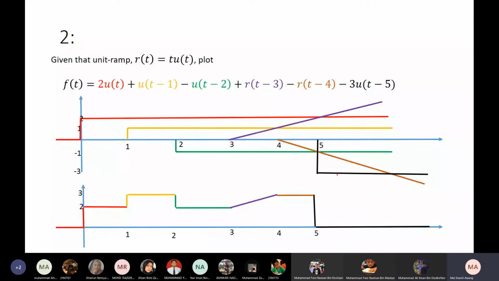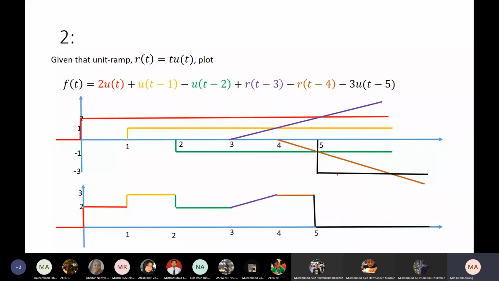So it looks complicated, but it's really easy actually. You are given a unit ramp. Basically, the unit ramp is r(t) equal to t u(t). That is the definition for the unit ramp r(t).